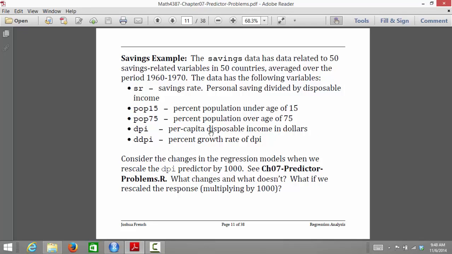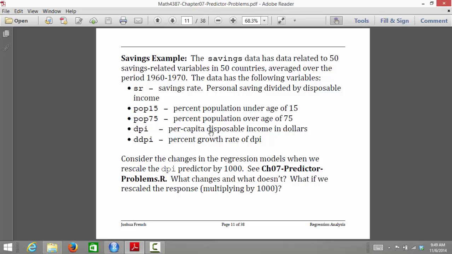So let's do a real example so you can see this in practice. This is the savings example that we started looking at in the previous chapter. Looking back at my notes, I realized we didn't really introduce it a whole lot. So what is the savings data? It's data related to 5 savings-related variables in 50 countries, averaged over the period 1960 to 1970.